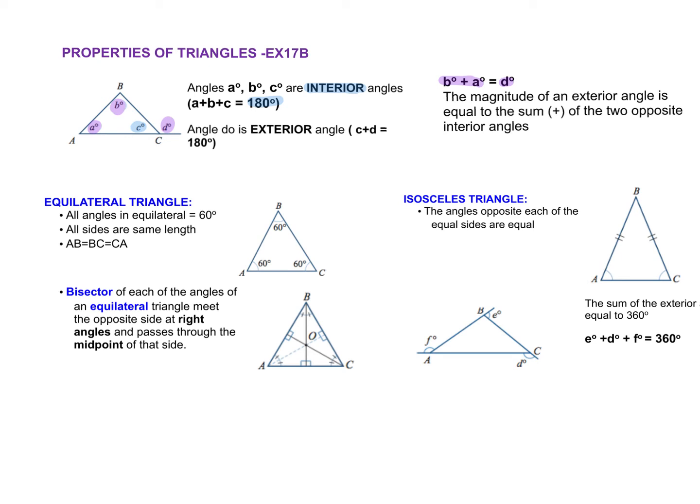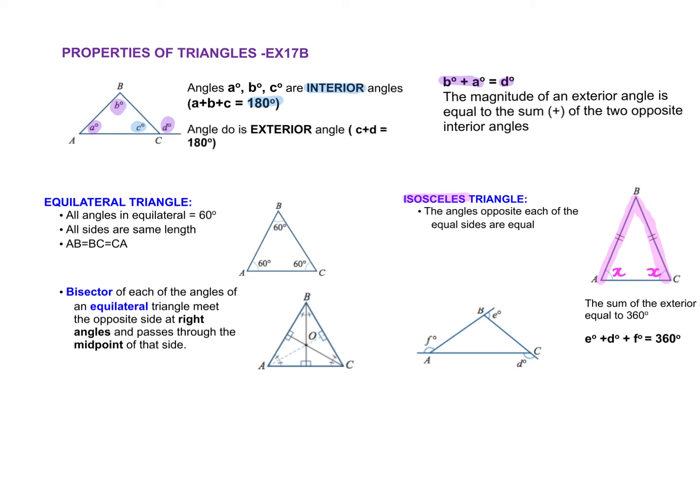Now, the other little facts we need to remember is if we have an isosceles triangle. Isosceles means two sides are the same, and we actually know that these two angles down the bottom, opposite the two same sides, are the same as well.